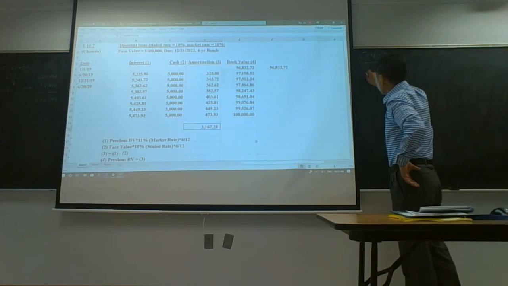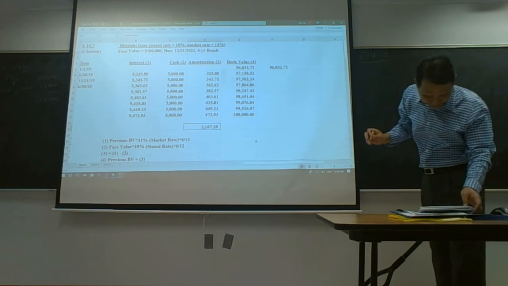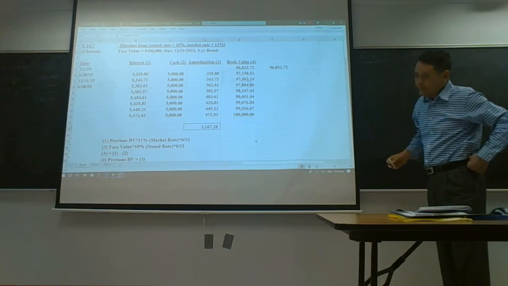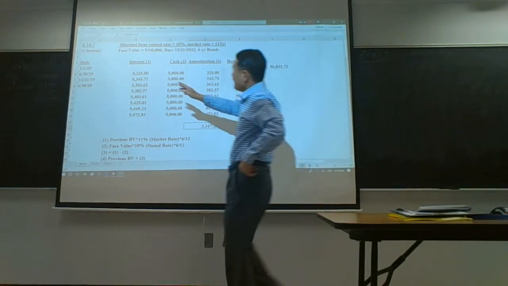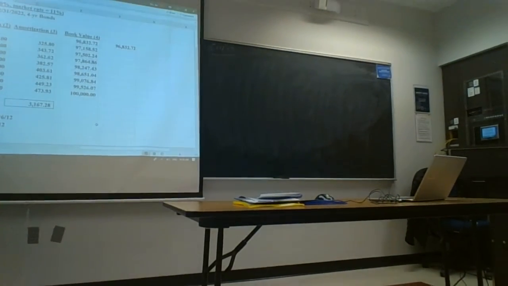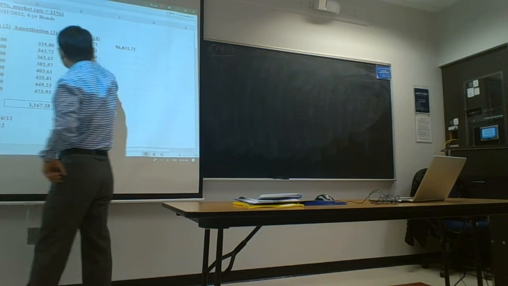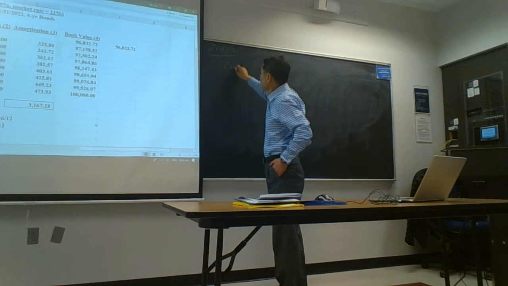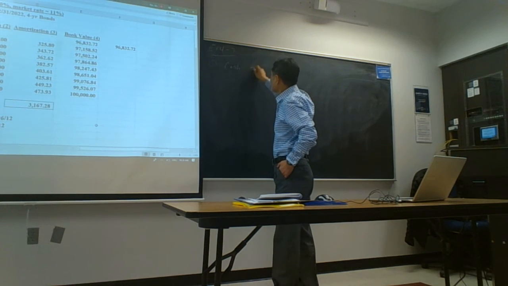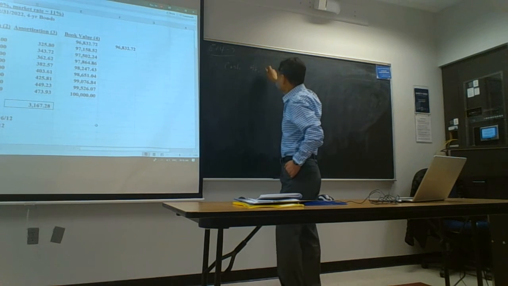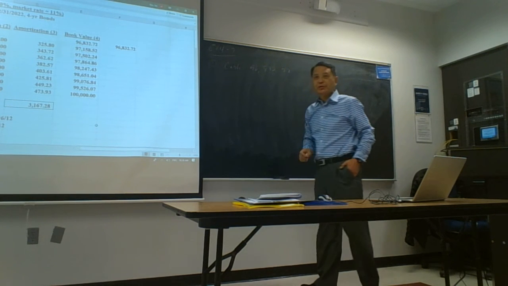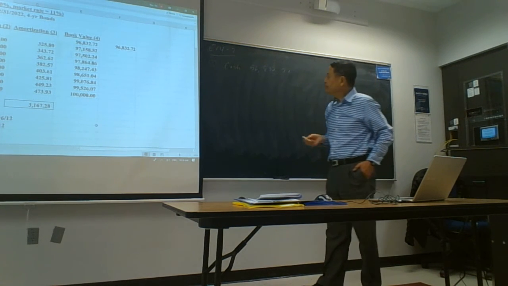Okay. So, the journal entry for question number 1. The journal entry for the issuance of this bond. The Chowan company received cash. Cash is a debit, so cash 96,832, the issue price or present value.